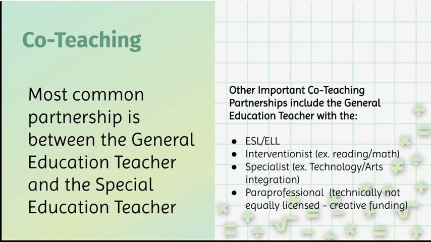But there are other partnerships, and there's a lot of good information within this module that could apply to partnerships between gen ed and ESL or ELL, gen ed and interventionists in math and reading, and specialists such as teachers that come in to do arts integration and technology. That partnership still needs those parity signals to be in existence. And then in some instances, due to funding and creativity, we have paraprofessionals.